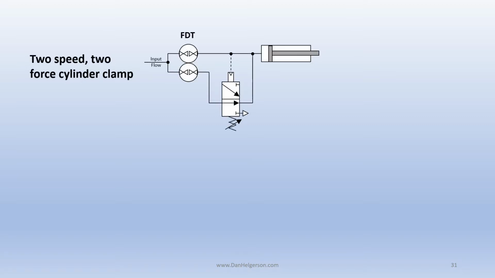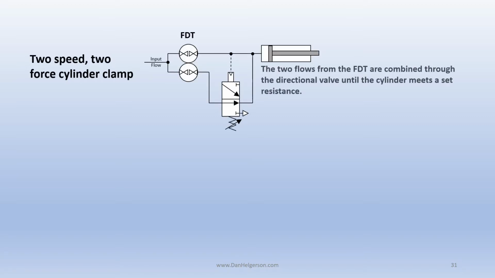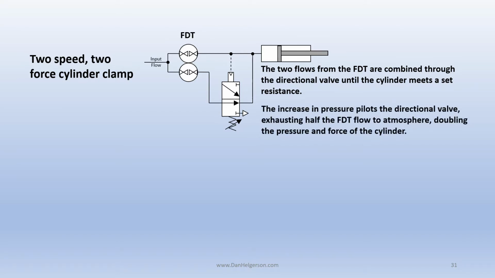2-speed, 2-force cylinder clamp. The 2 flows from the FDT are combined through the directional valve until the cylinder meets a set resistance. The increase in pressure pilots the directional valve, exhausting half the FDT flow to atmosphere, doubling the pressure and force of the cylinder.